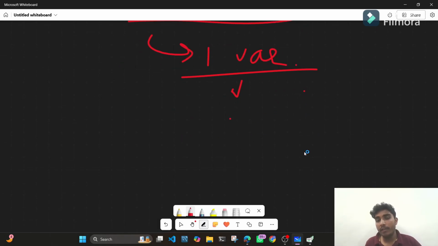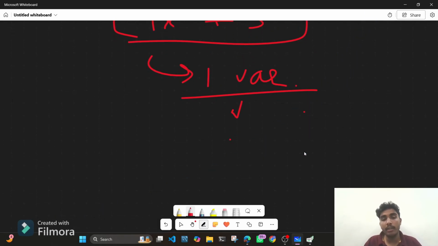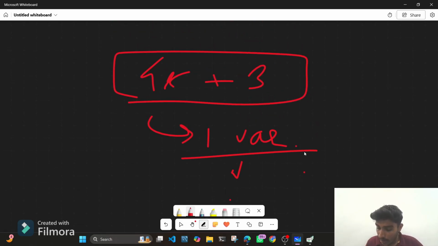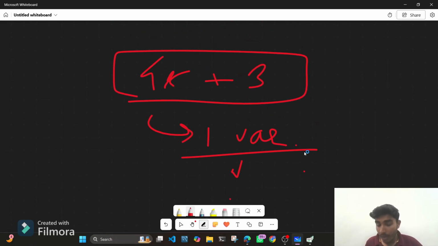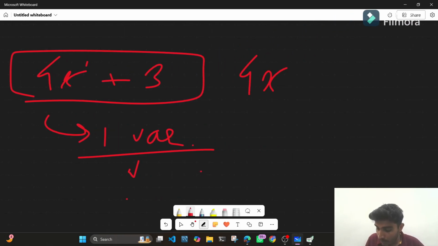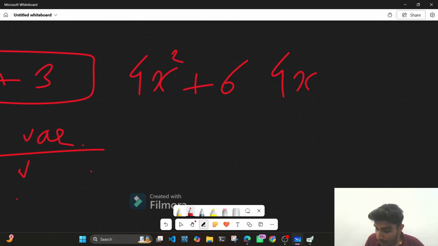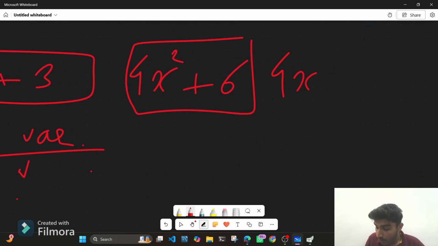Now, we also have something that you will study in higher standards, but just to know the concept, I'll tell you. Here you can see that the power of x is 1. What if the power of x is 2, maybe 4x square plus 6, or 4x cube plus 8.